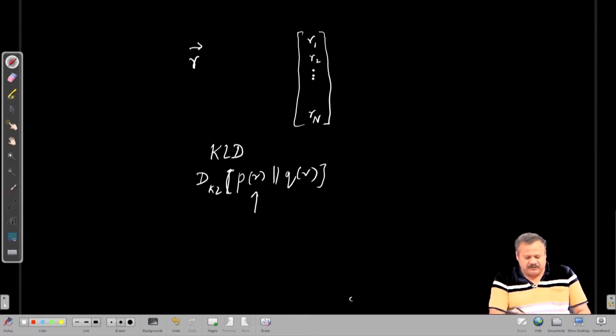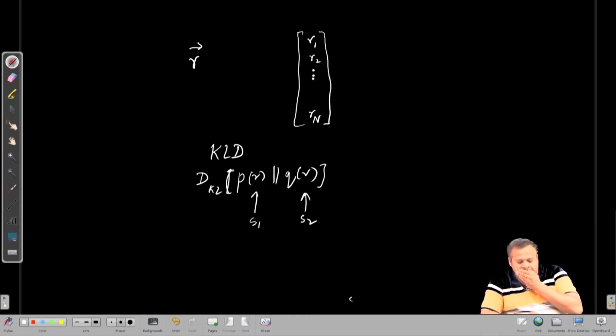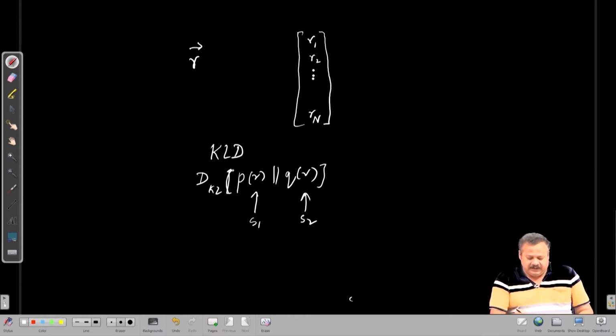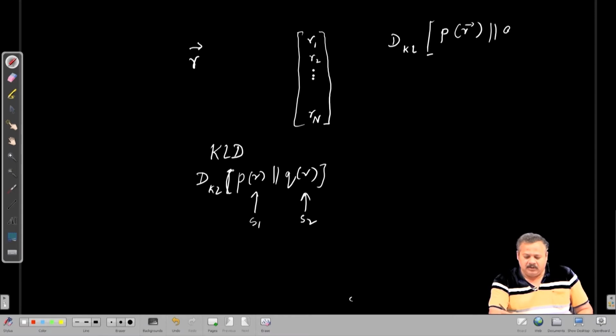So this is in response to stimulus 1, and this is in response to stimulus 2. So we are getting two different distributions. So essentially, we convert this DKL into the DKL between the distributions of vector random variables P of R and Q of R.